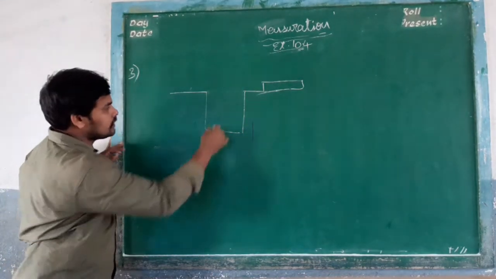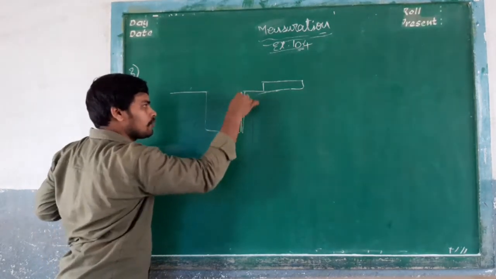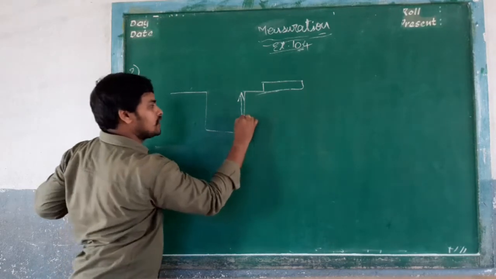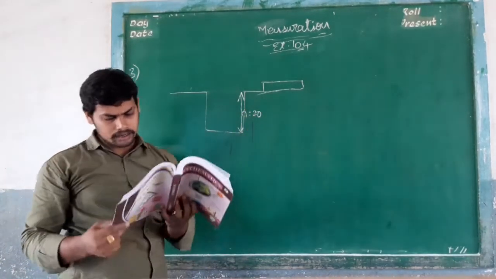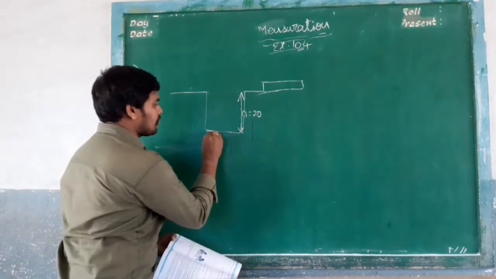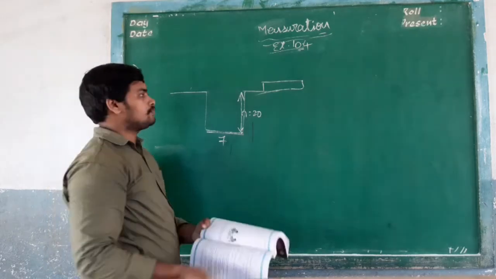So here it is 20 meters deep. Deep means nothing but this one, so it is called the height of the well. H equals 20. And the radius: what is the diameter here? Diameter is 7. And the cuboid length.